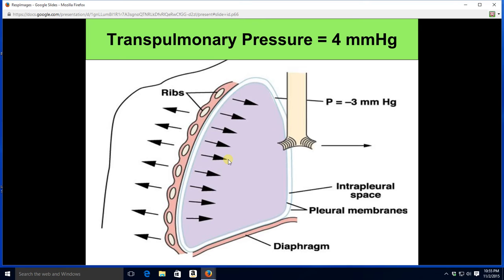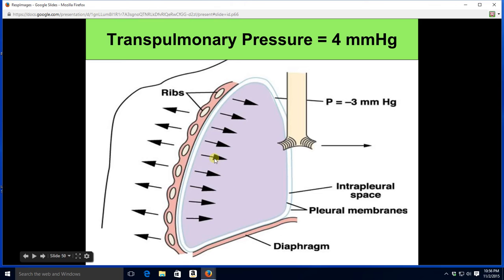Obviously, you don't want your lungs to collapse because of their natural desire to recoil. So what has to happen is that the molecules of air in the lungs, where my mouse is dancing right here, have to constantly push on the wall of the lung to prevent it from collapsing. And the reason the molecules of air are going to push on the wall of the lung is because the pressure in the pleural cavity is lower than the pressure in the lungs.